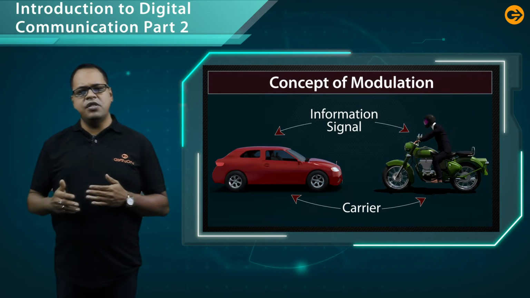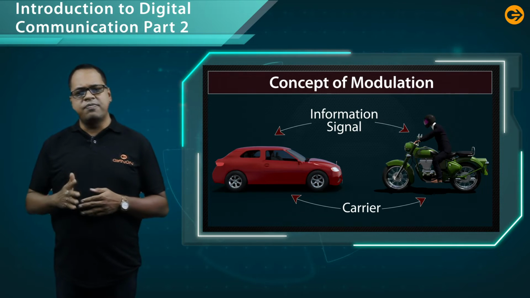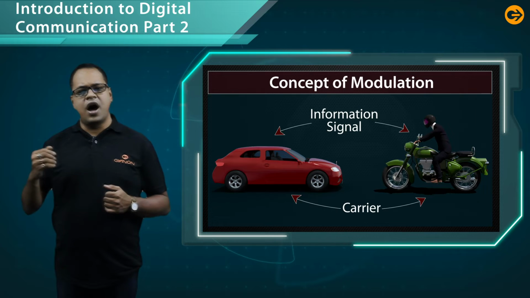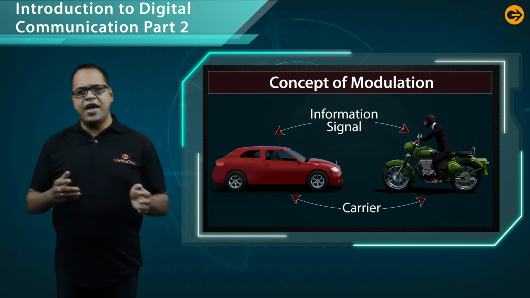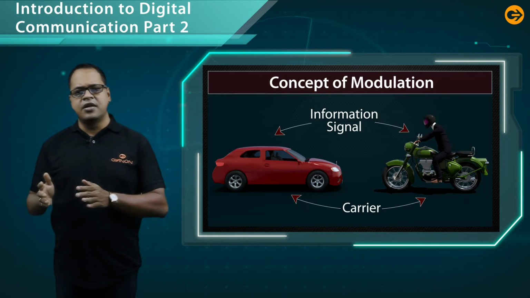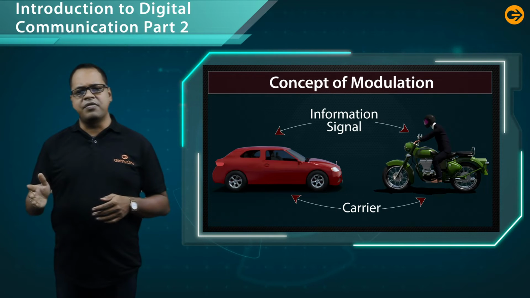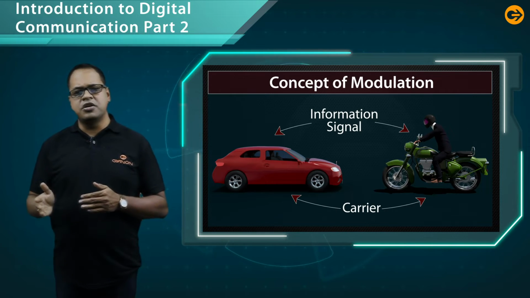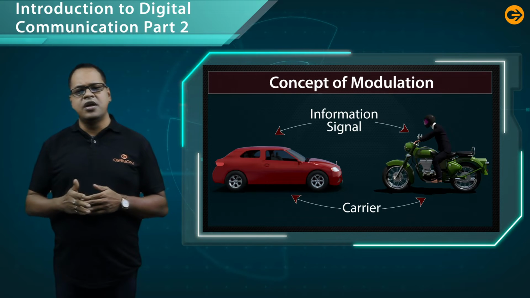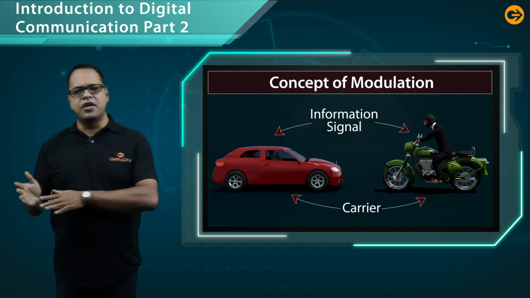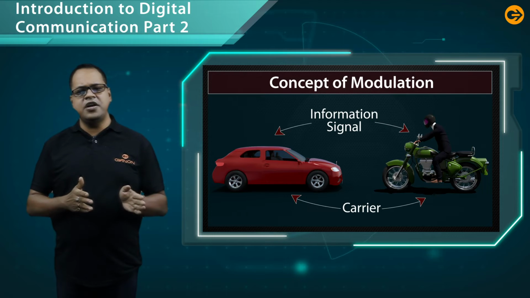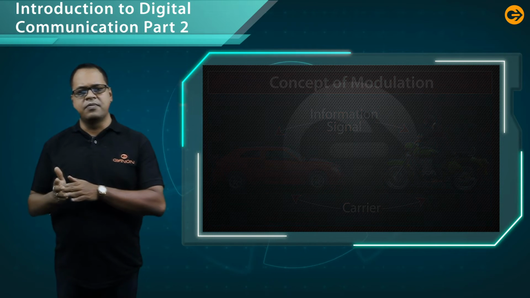So by using this scooter or car, his speed is converted to a high velocity. That is the need of the carrier. That means the scooter or the car carries the person. In a similar fashion, the high frequency signal carries the low frequency signal. That is the advantage of the carrier signal over the baseband signal.